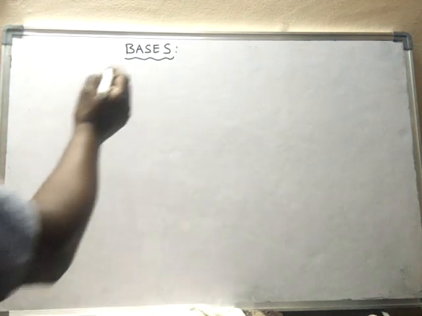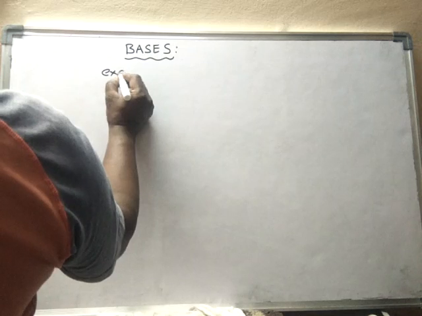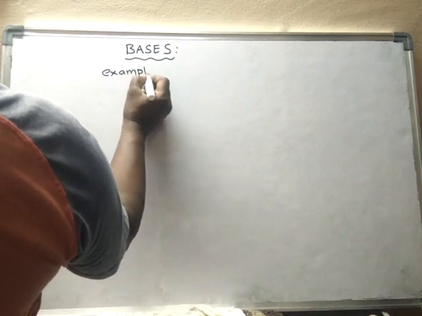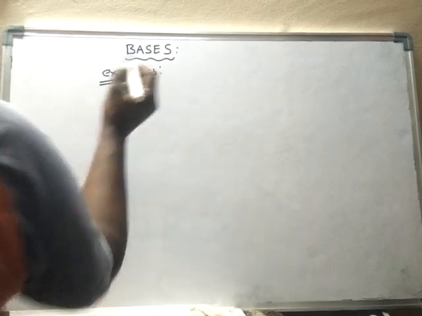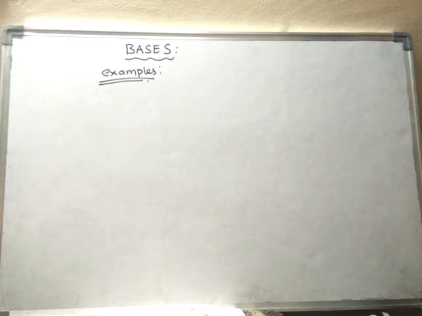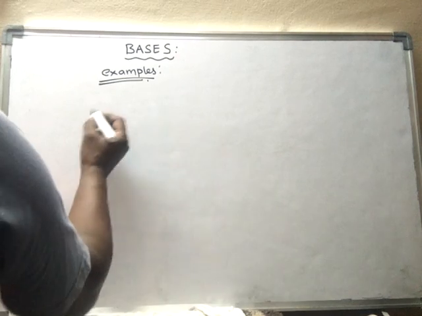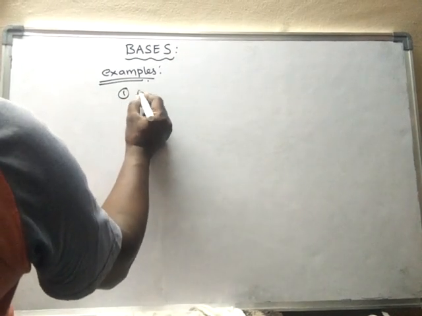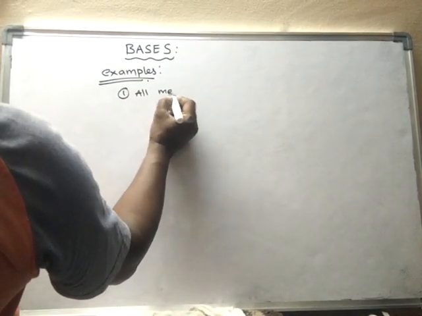Now we will learn some of the examples of bases. See, generally all metal oxides are bases.